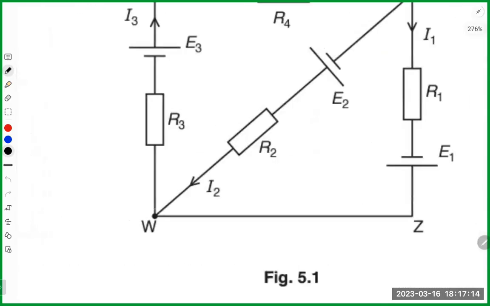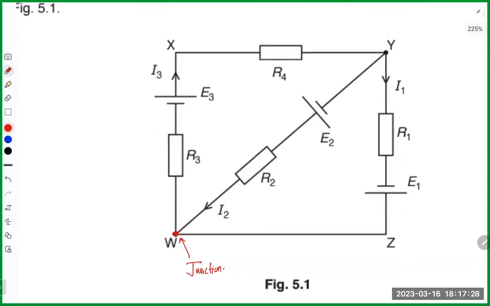Look, if I consider W as a junction, what currents are coming to this junction? Look at I1 and I2, they both are coming to the junction.